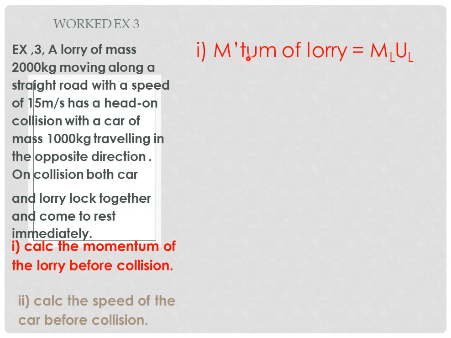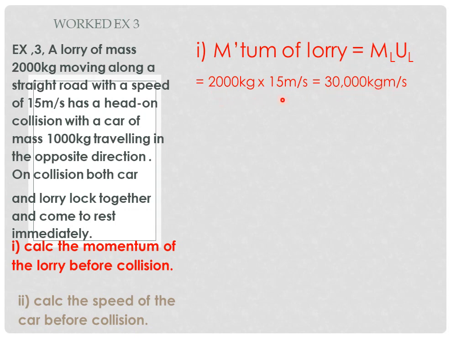The momentum of the lorry before collision is mass times the initial velocity. Mass of the lorry times the initial velocity of the lorry before collision. So a simple substitution will give us 30,000 kilogram meter per second.